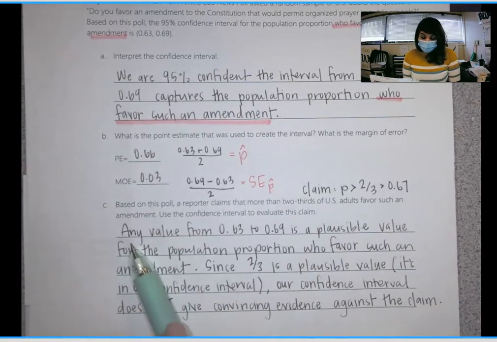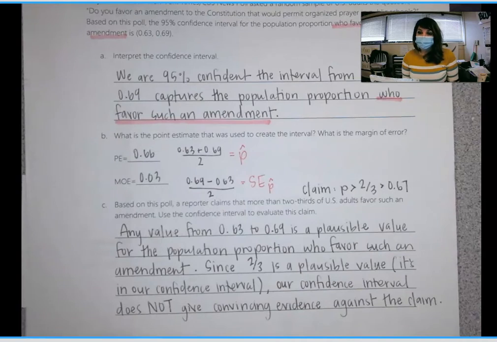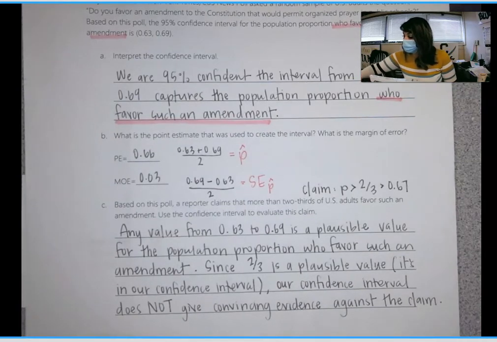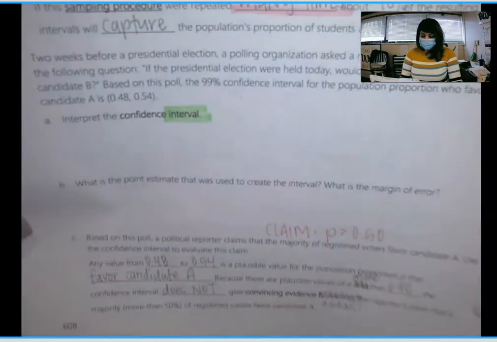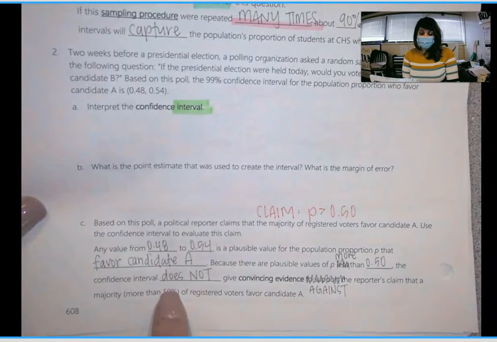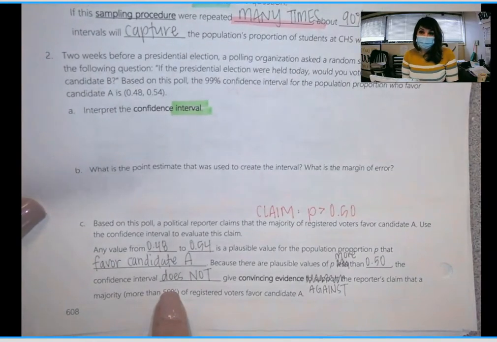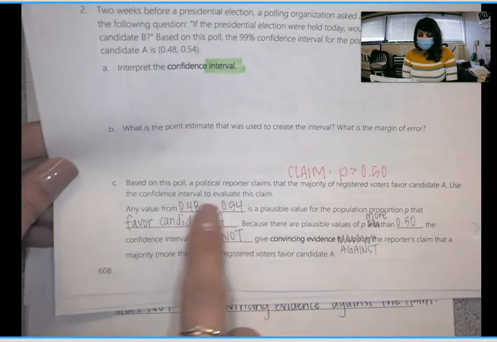So here's my response, and it follows very closely the response that's in your notes on page 608. I'm following this almost word for word, and then changing the context where the blanks are.